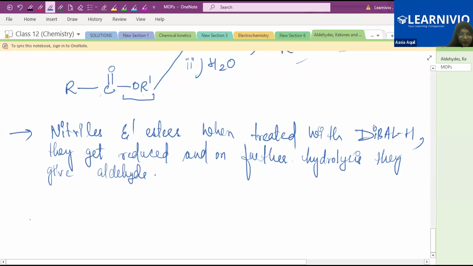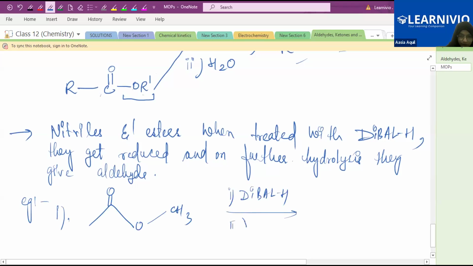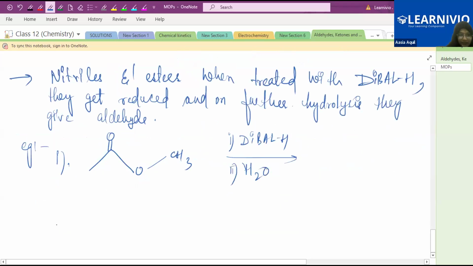Okay, for example, let's do this question. You guys will tell me the answer. Suppose this is your ester, and you are treating it with DIBAL-H followed by hydrolysis. So what will be the product? Write down the product over here. And second, one question for both.